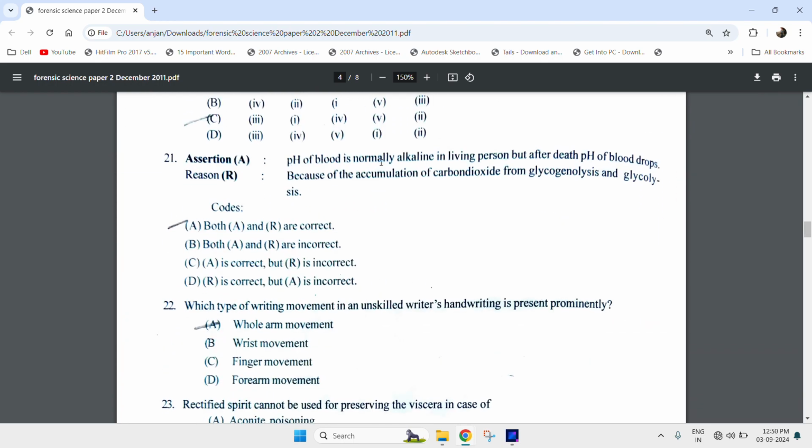Assertion: the pH of the blood is normally alkaline in a living person, but after death the pH of blood drops. Reason: because of accumulation of carbon dioxide from glycogenesis and glycolysis. Both A and R are correct.